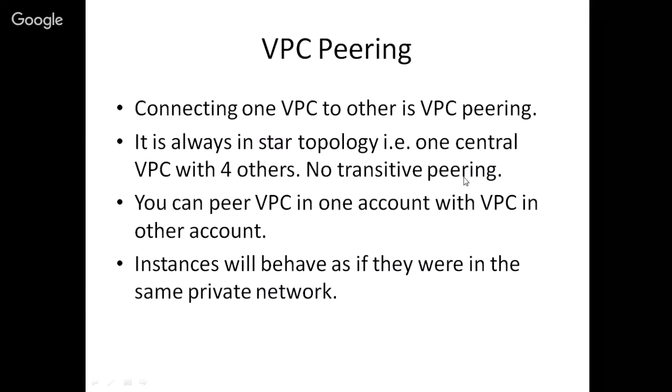There is no transitive peering allowed in VPC connection. You can peer a VPC in one account with a VPC in another account, which is a great feature. You may have other VPCs created in other accounts, so you can peer those so that instances will behave like they are in the same network.